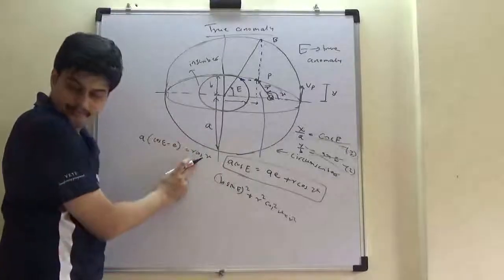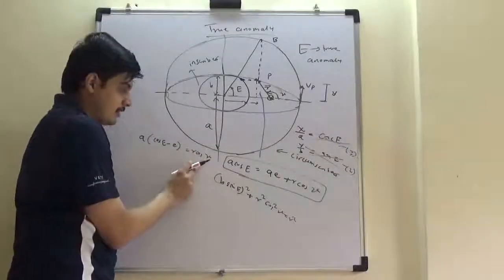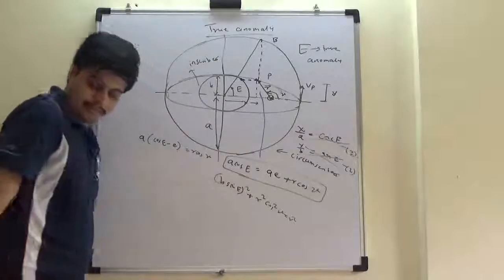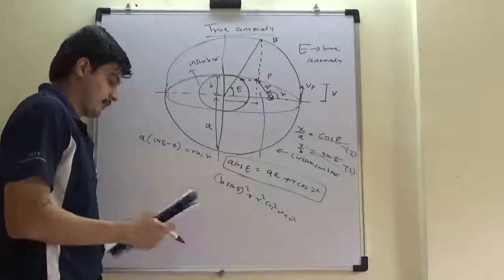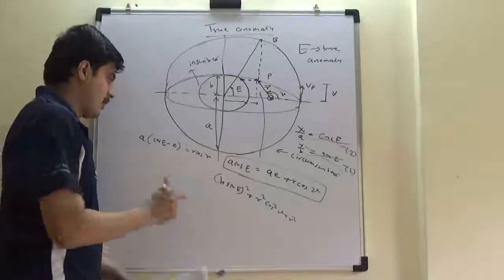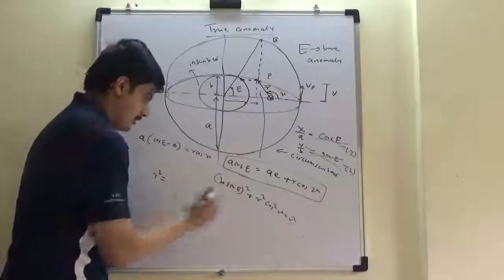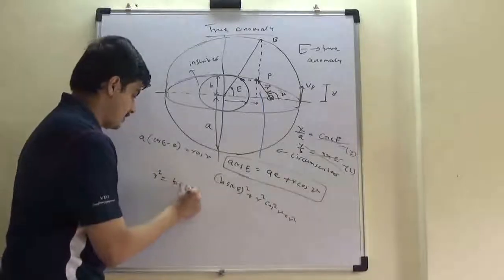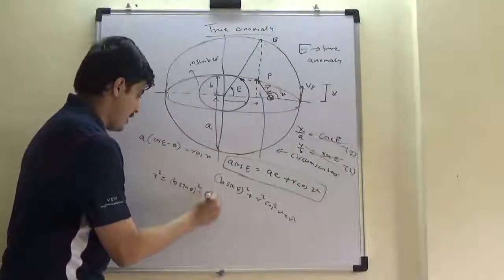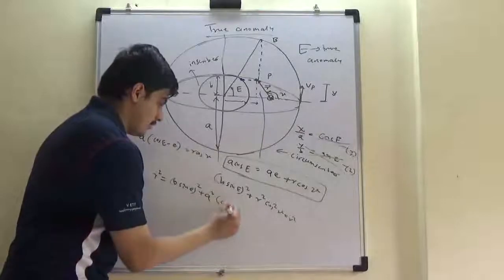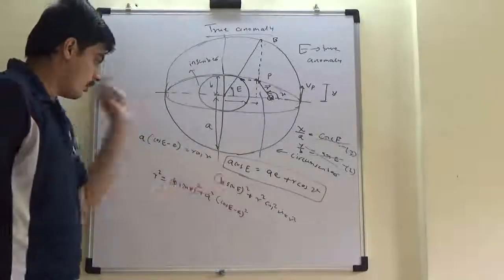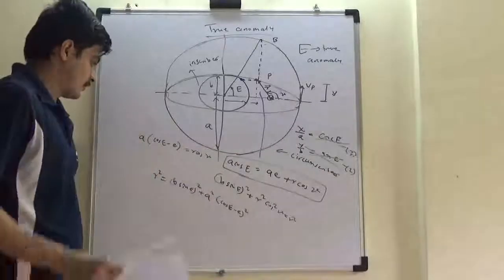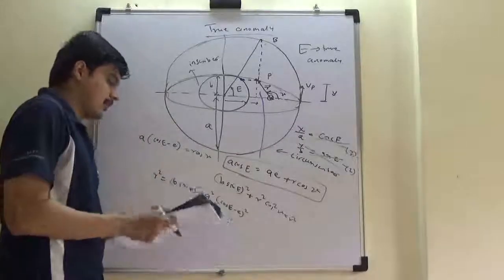Correct? Is this correct? So now I can easily define r square equal to b sine E whole square plus a square cos E minus e whole square, where r cos mu square is substituted. This is the relation I will get.